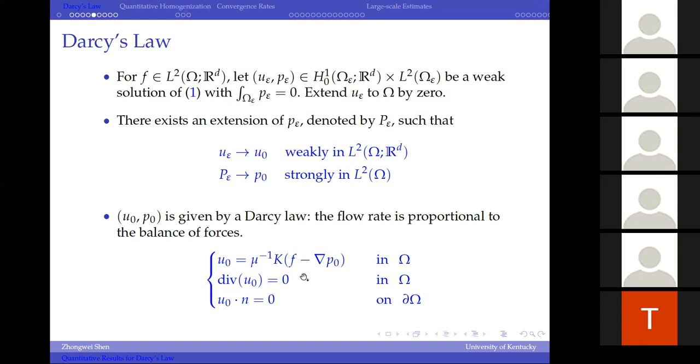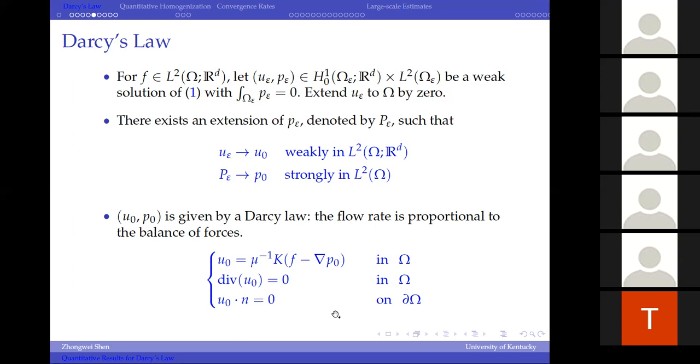So this actually is an elliptic equation. The way to see this is that you plug the first equation into the second equation, and that just gives you an elliptic equation for p0 with the right-hand side divergence of mu inverse K F. And the last equation just gives you the Neumann problem for that elliptic equation for p0 on the boundary of omega.